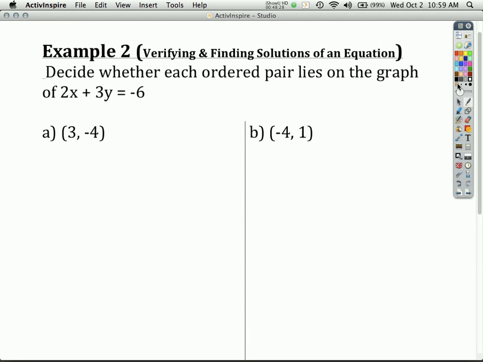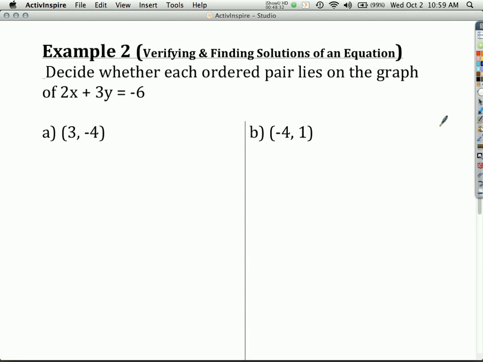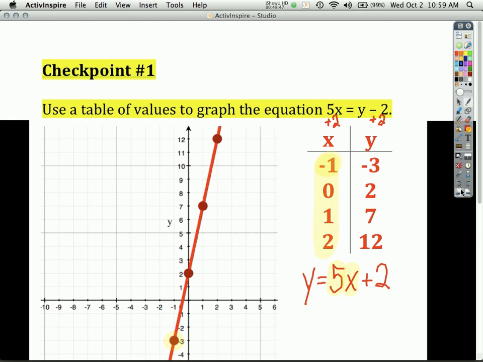So, this is a fancy way of saying determine whether or not this is a solution of that. Because if this is on the line, that means it's a solution. That's what the line represents. Let me go back here for a second.